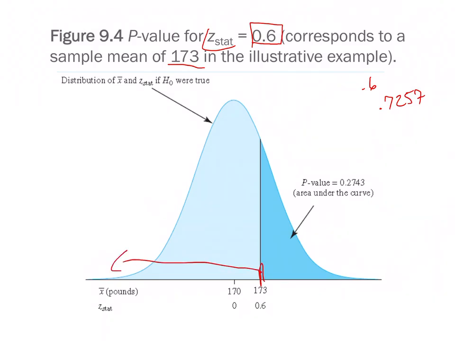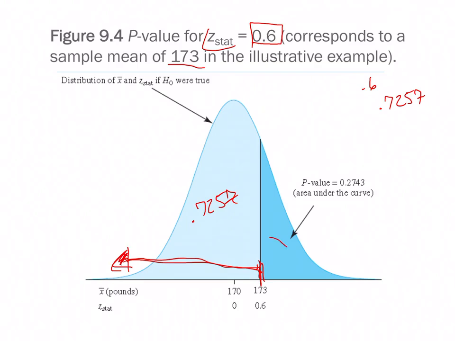That 7257 is this lighter shade of blue on the screen, because that chart is always telling us the cumulative probability at that specific point and to the left.